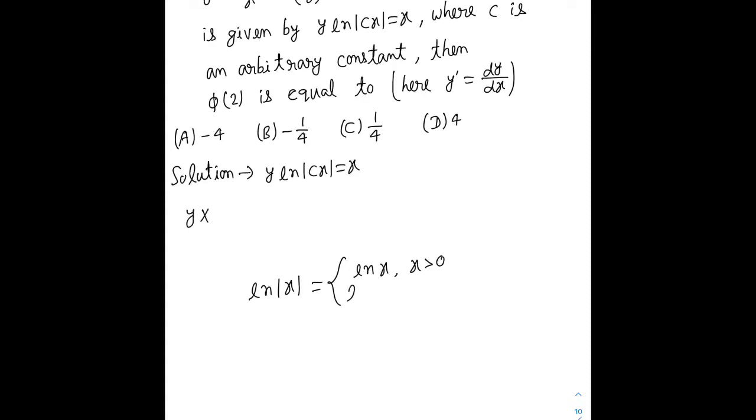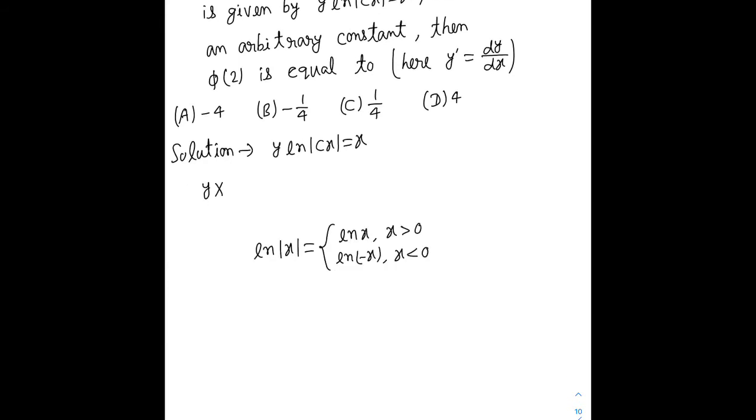Another case would be if x is negative, it would be ln minus x. Now when you differentiate, in both the cases you will get 1 by x, because if you differentiate ln x, it would be 1 by x. If you differentiate ln minus x, it would be 1 by minus x into the differentiation of minus x, which is minus 1. So that is nothing but 1 by x. So in both the cases you are getting the differentiation as 1 by x.